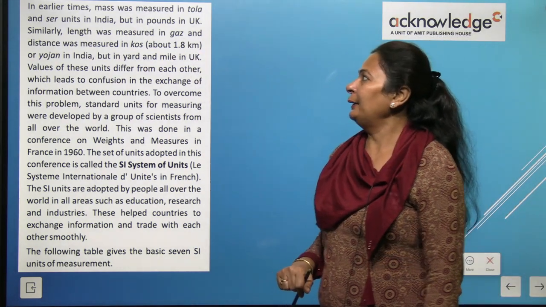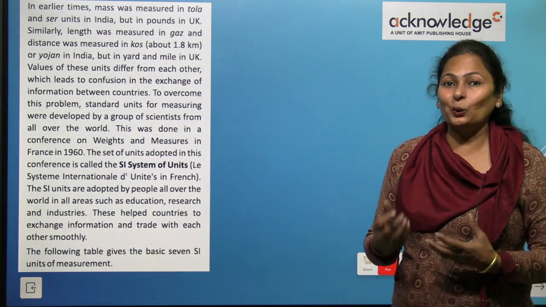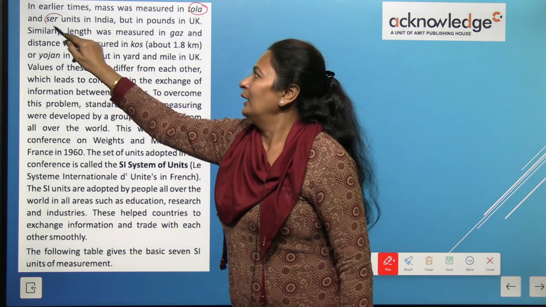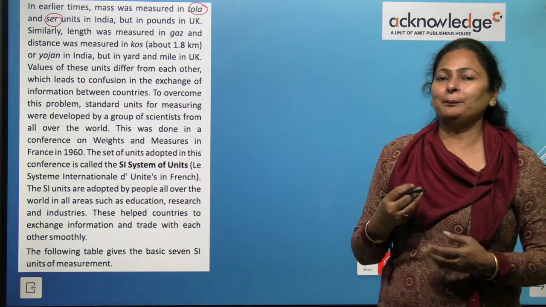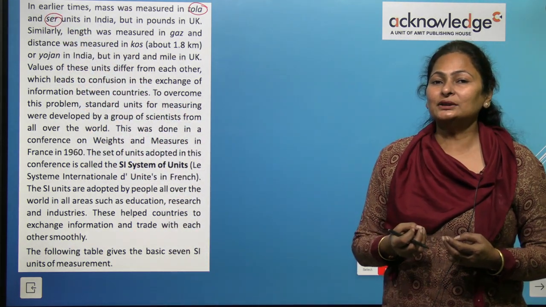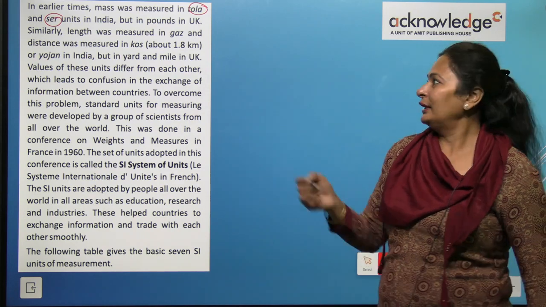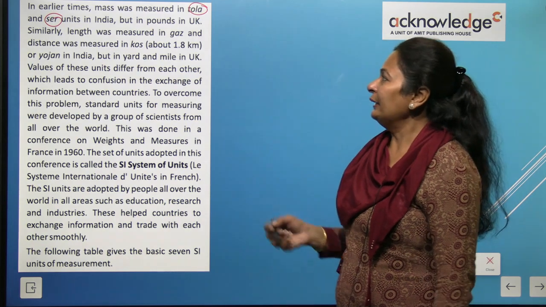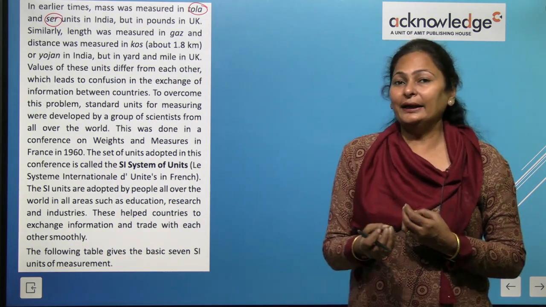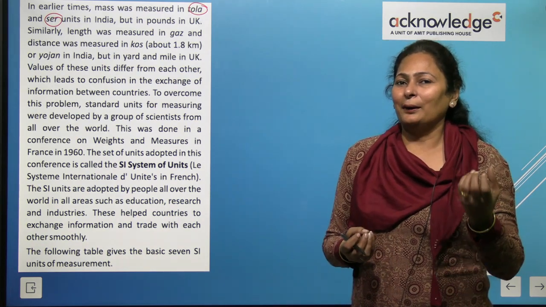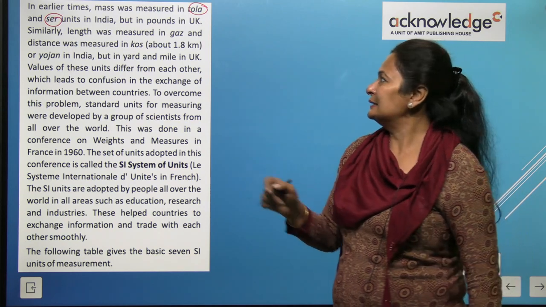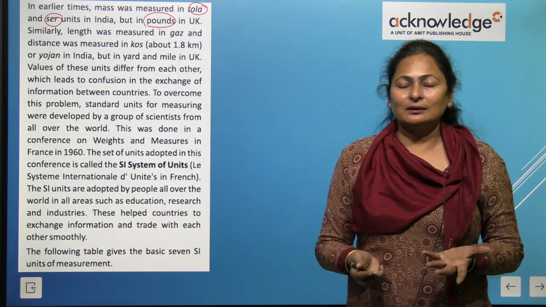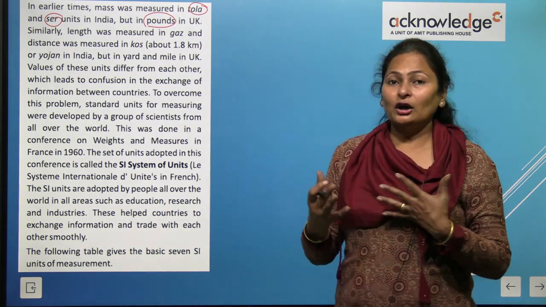In earlier times, mass was measured in tola and ser. In India, people used to measure the weight in tola and ser. But in the UK, it was pounds, right? So it is not the same.